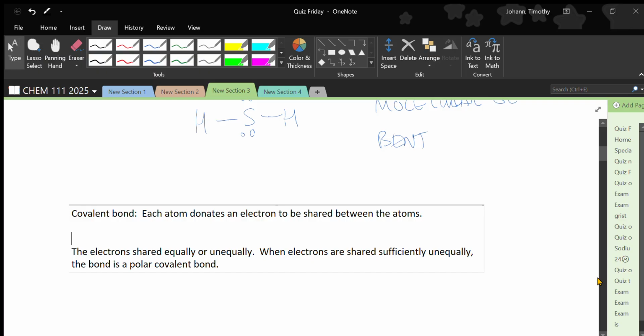What's that concept? Do you remember electronegativity is how much an atom wants electrons?